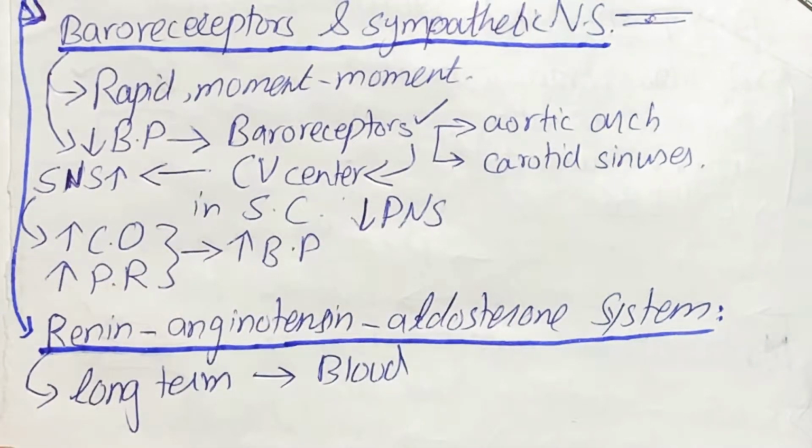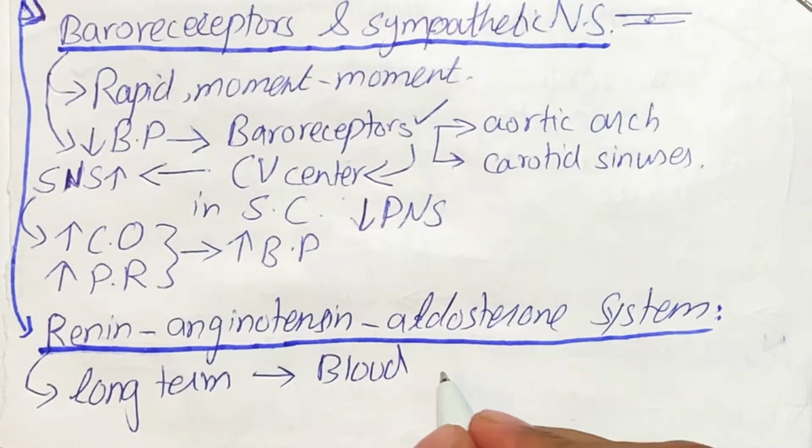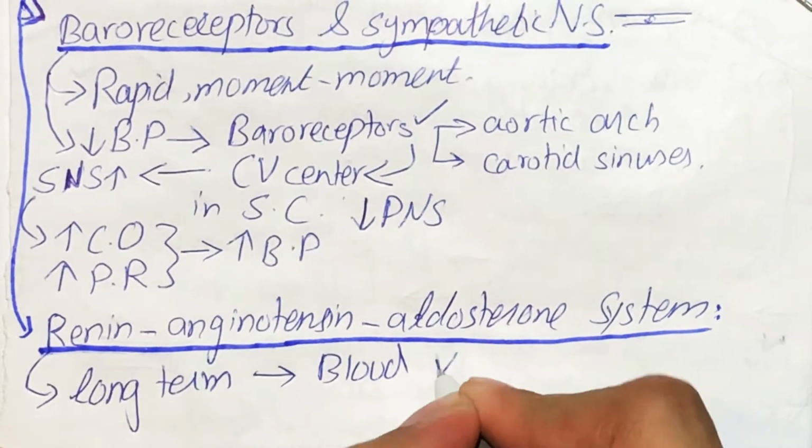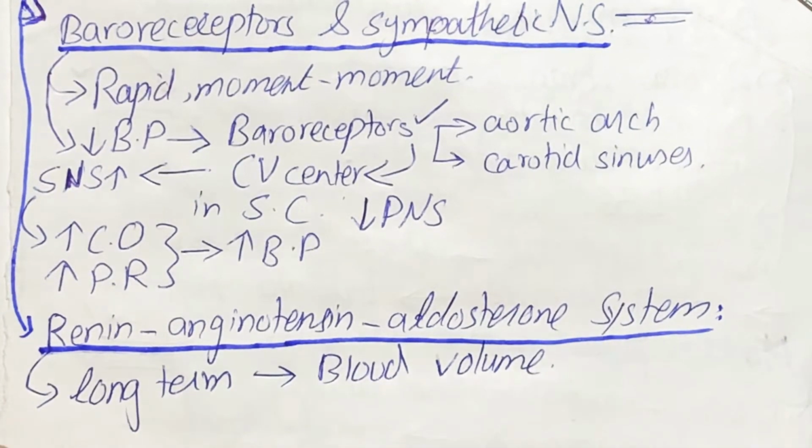So if we talk about the Renin-Angiotensin-Aldosterone system, this is a long-term controlling mechanism, and it works on the principle of altering the blood volume. As there is more blood volume, there will be an increase in blood pressure, but if there is less blood volume, there will be a decrease in blood pressure. So this is how it actually works.